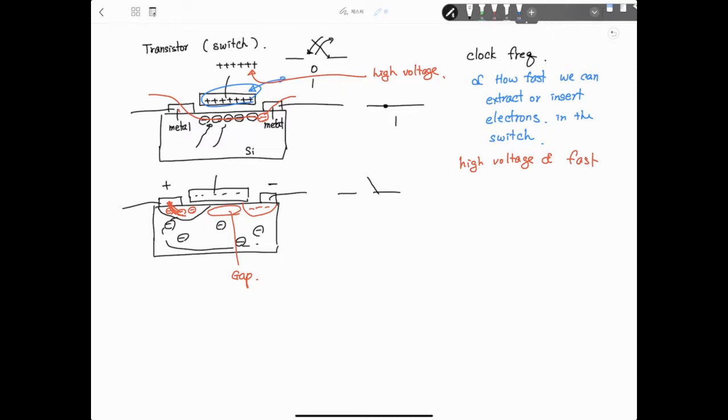The voltage is proportional to the clock cycle. If we provide higher voltage, the clock cycle is reduced. If we provide low voltage, the clock cycle is increasing. So higher voltage means small cycles, that is, higher clock frequency. So we know the voltage is proportional to the clock frequency.